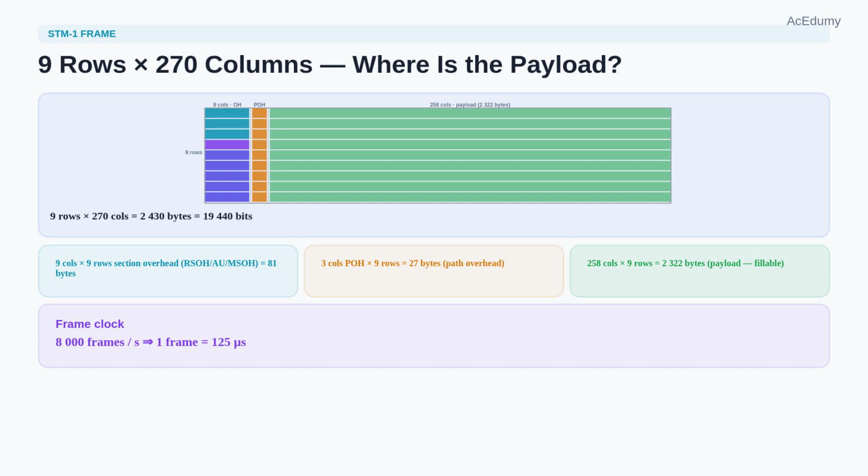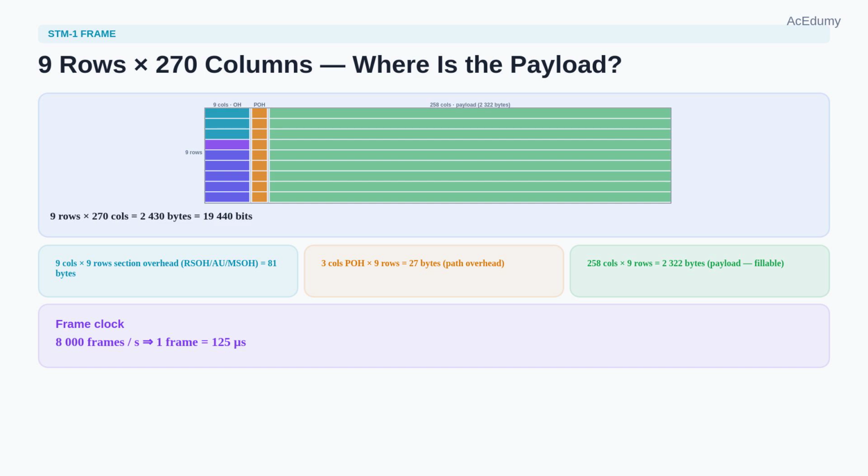These 9 columns of overhead times 9 rows give us 81 bytes of section overhead, framing, error monitoring, pointer adjustments, and management channels. The remaining 261 columns are the payload area, but 3 of those columns are reserved for path overhead, the POH, tracking the user signal as it walks across the network. 261 minus 3 equals 258 columns of usable space across all 9 rows. 258 times 9 equals 2,322 bytes.